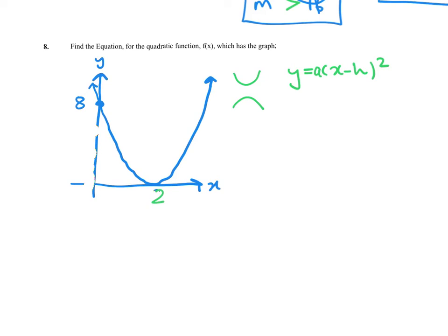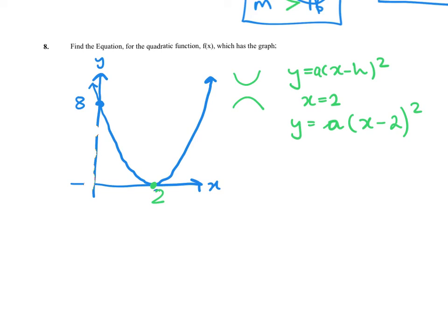This a also affects how narrow or wide the graph is going to be. What we can see from the graph is that the x-intercept, where the graph is touching the x-axis, is when x is equal to 2, and we're going to substitute that. So y is equal to a times x take away 2, to the power of 2.